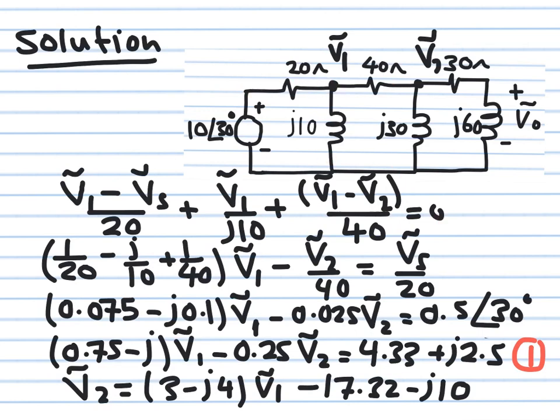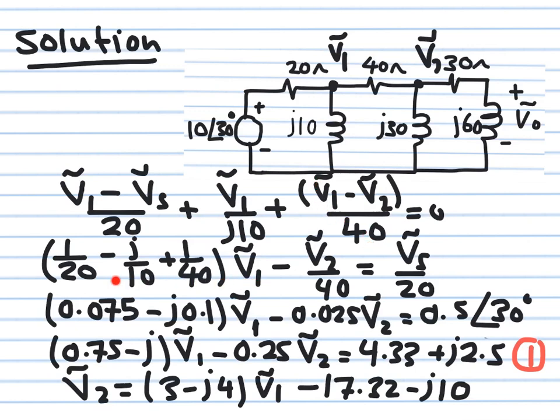Once you have written this equation, you collect the similar terms. The terms multiplying V1, and here I put tilde on top of it just to indicate that it's a phasor, but I don't have to do so. I could have simply written it as V1, but it's already understood that this is still a phasor. So I have here 1 over 20, 1 over J10, and 1 over 40.